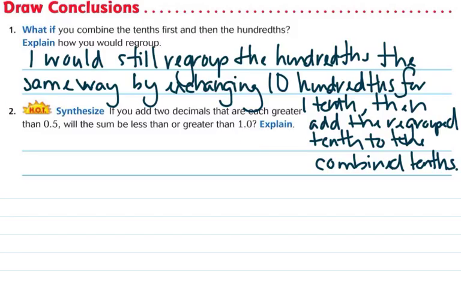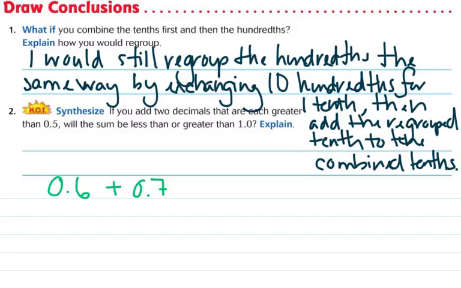So, boys and girls, the way that I solve these problems is I just give an example. If I'm not sure, I go ahead and give an example. So if we want to pick two decimals that are greater than 5 tenths, let's add 6 tenths, which is greater than 5 tenths, plus 7 tenths. So now we're going to check. Will the sum be less or greater than 1? So let's just do it, boys and girls.